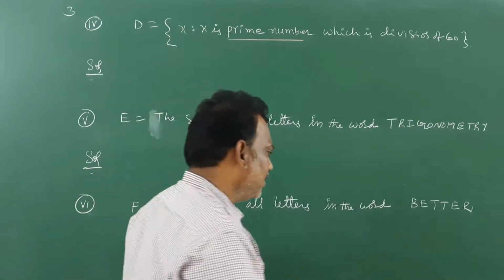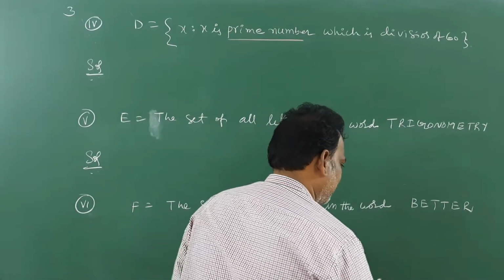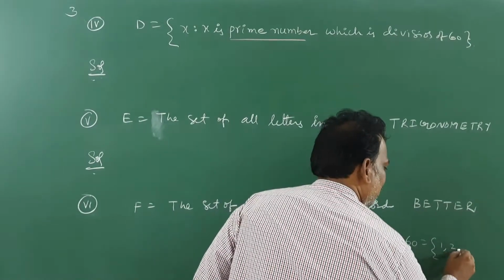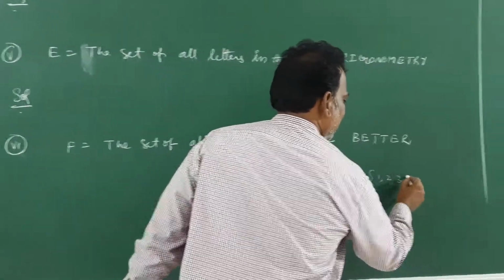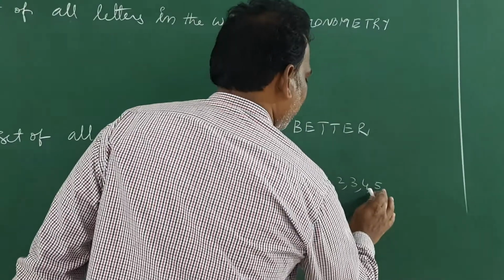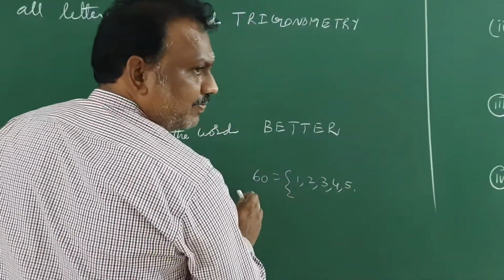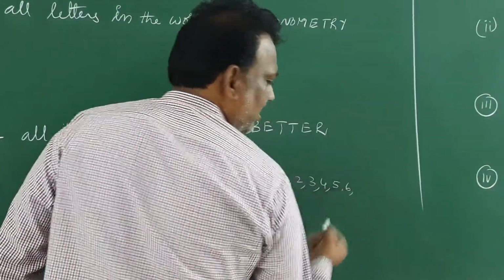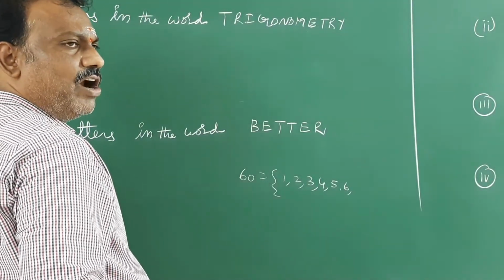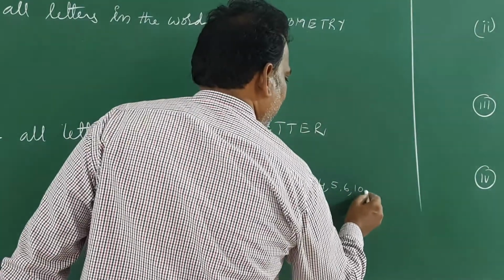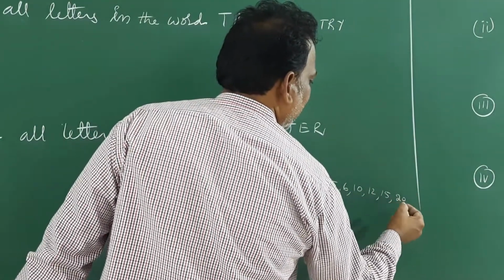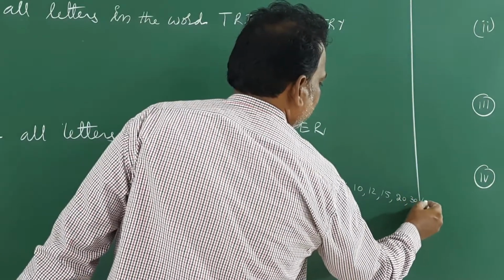See, students, the divisors of 60. 1 sixty times, 2 thirty times, 3 twenty times, 4 fifteen times, next 5 how many times? 12 times, next 6 ten times. 7 will not divide, 8 will not divide, 9 will not divide. 10 six times, 12 five times, 15 four times, 20 three times, 30 two times, 60 one time.